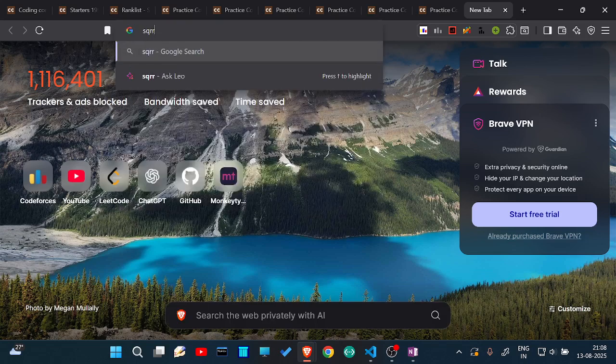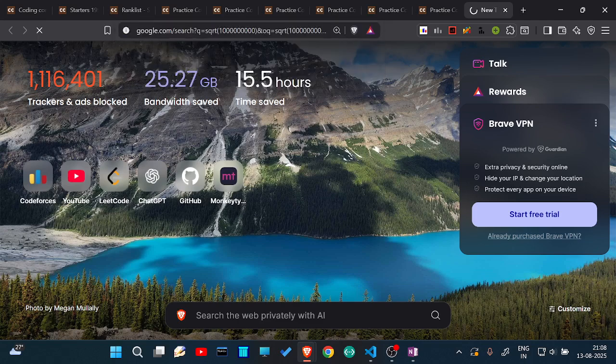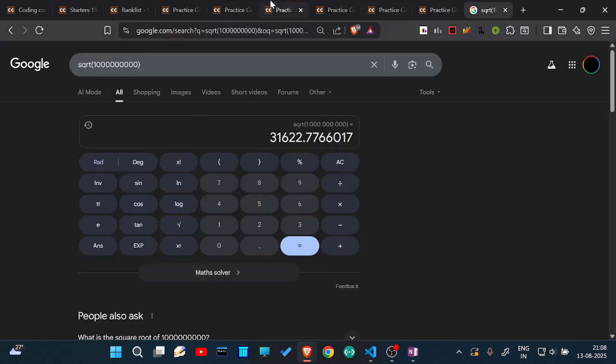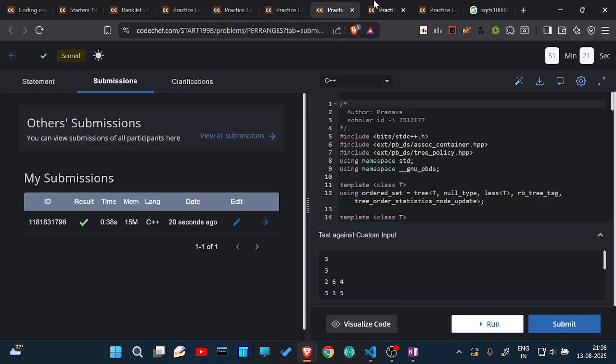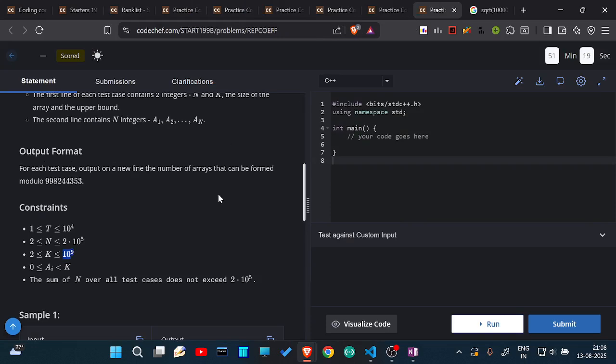SQRT, 10 to the power of 4. Okay, that would work. So finding the divisors is just a simple step. So we have a 3 seconds time limit, right? Okay.